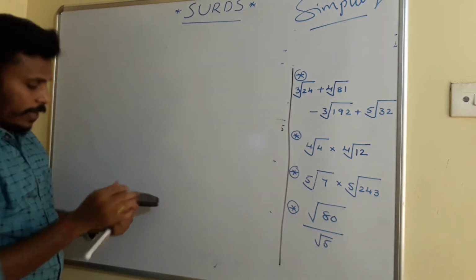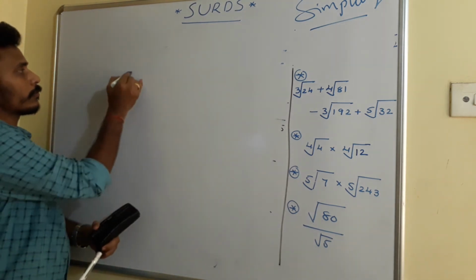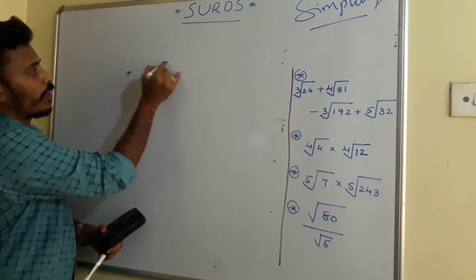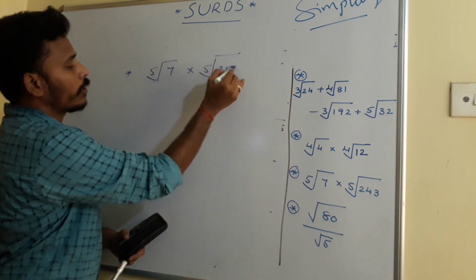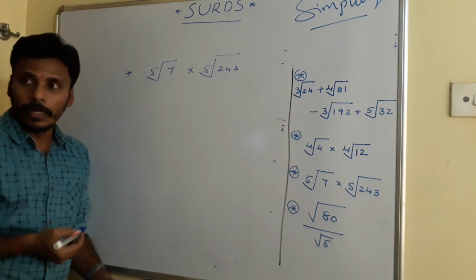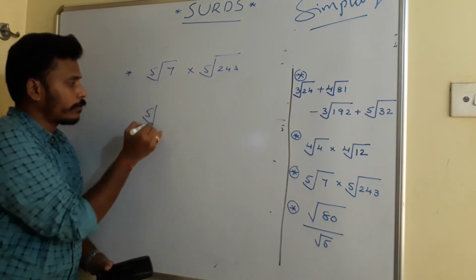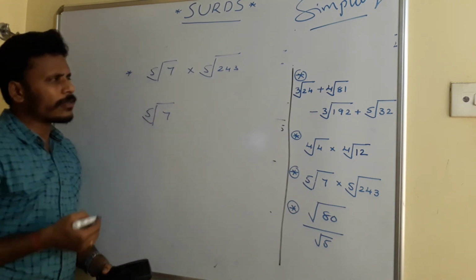See, just have a look there. 5th root of 7 into 5th root of 243, you need to simplify, right? So you have two chances here.